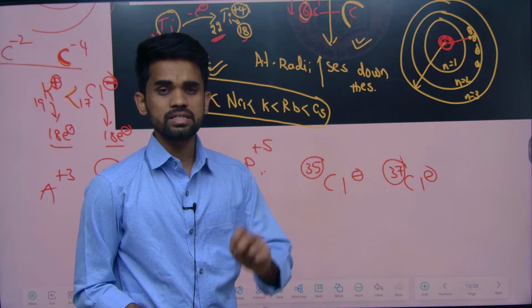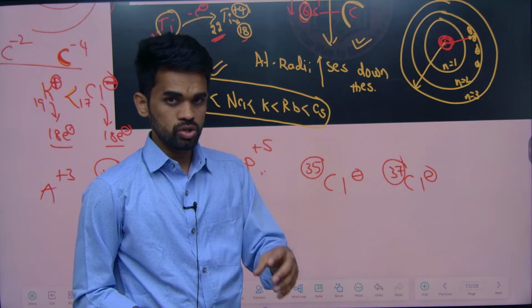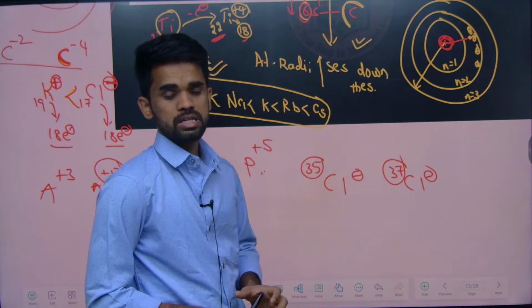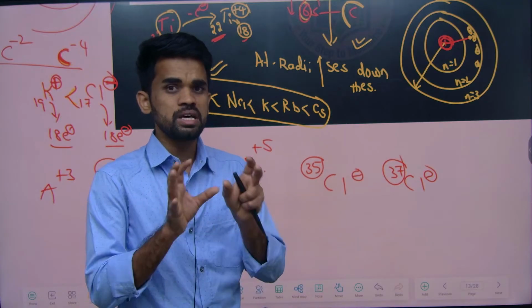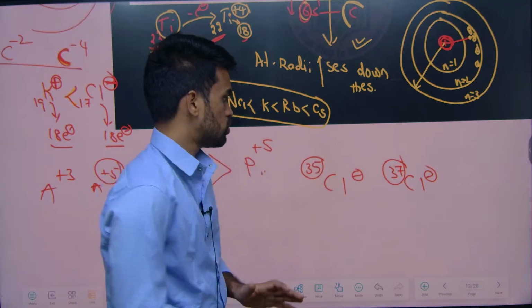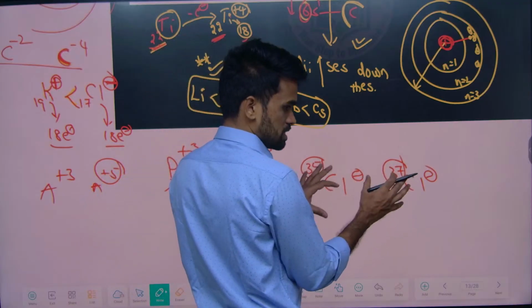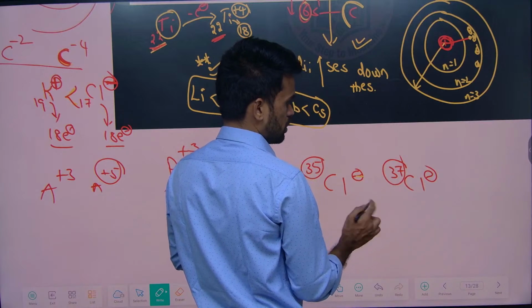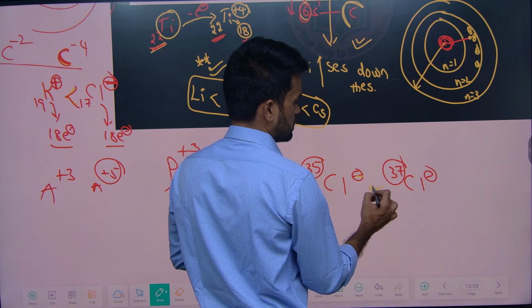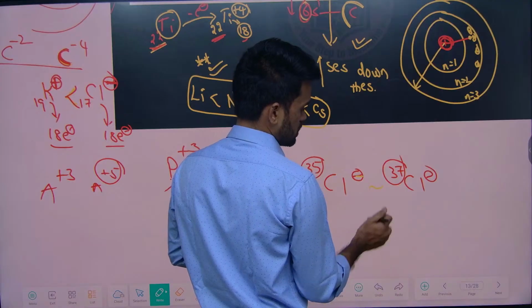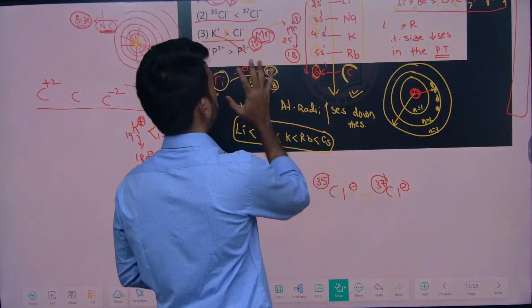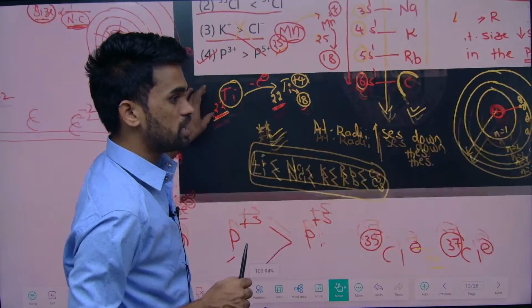What makes the difference? Different number of neutrons. So due to the difference in neutron number, we get these isotopes. For two isotopes, size will always be the same. So their sizes are the same, and here the negative charge is also equal. So you should write it like this, not as they have mentioned. That's why option 2 is also incorrect. So the fourth option will be perfect for the discussion.